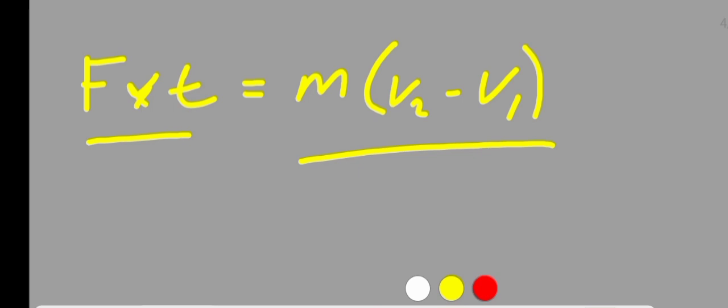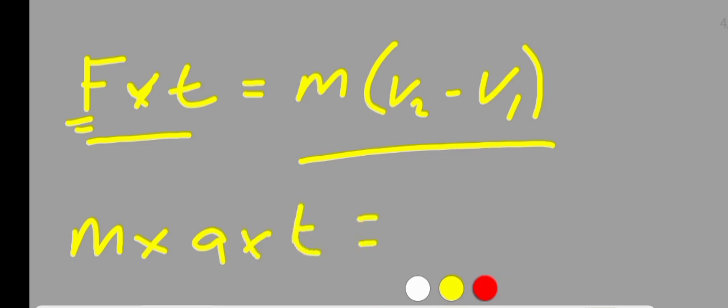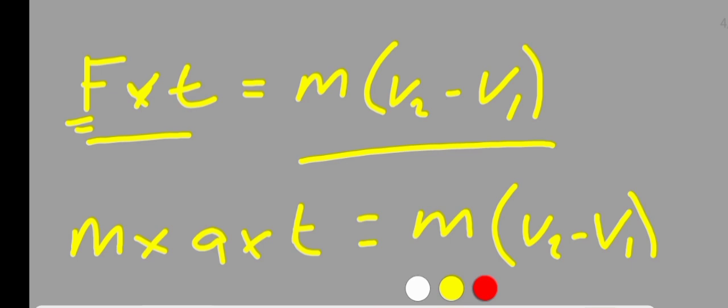The other thing we know is from Newton's second law of motion, that this force is mass times acceleration. So we multiply it by time, and still equate it to mass times final velocity minus initial velocity, or change in momentum.